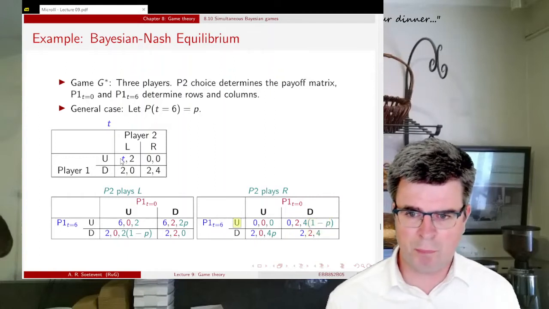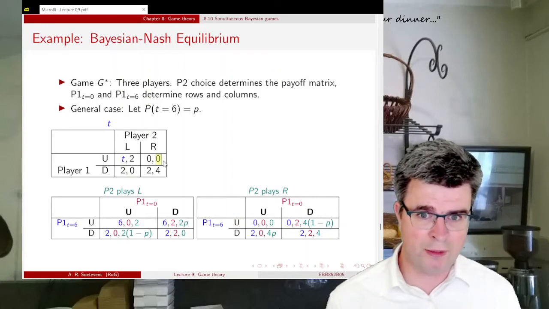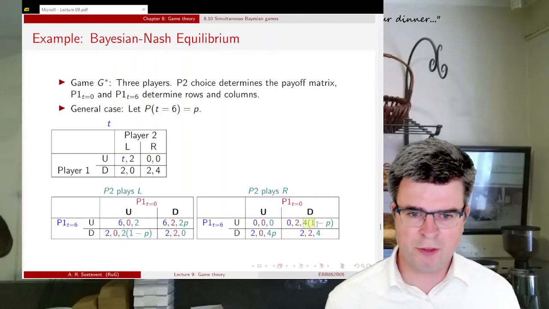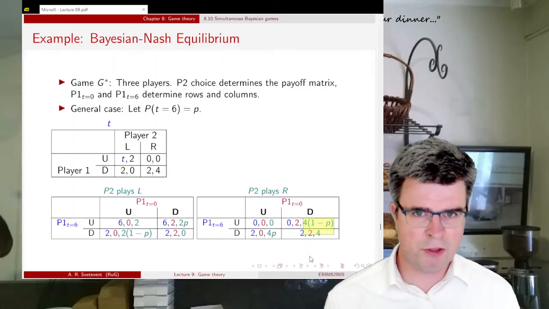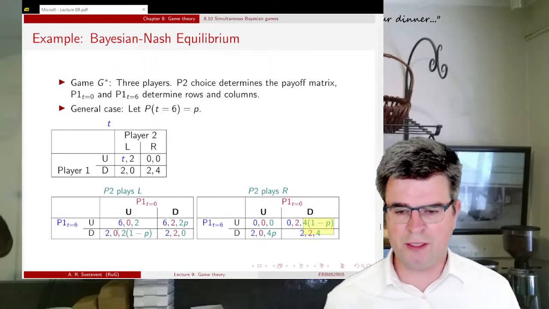If player 1 plays up, then the payoff to player 2 of playing right is equal to 0. So the expected payoff of player 2 of playing R, given the type player 1 is, is 4 times 1 minus P. And in this way you can fill all entries of both matrices.